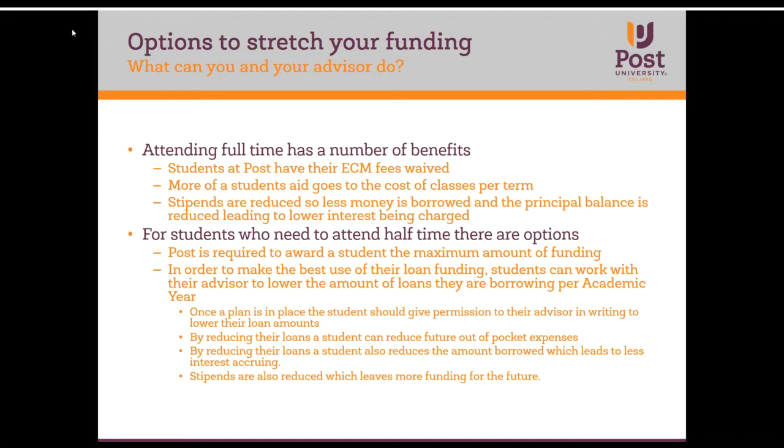We can lower it with your written request and make it so that you have just enough aid to cover the cost of your classes. This way, you can extend that funding further. You won't get the benefit of the waived electronic course material fees, but you'll have enough funding to complete your education. By lowering those loans at the beginning, we can save you from that $17,000 out of pocket, because that's what we don't want.